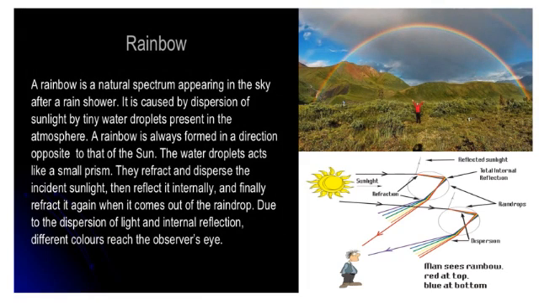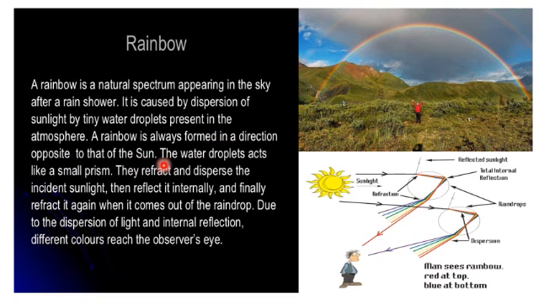Now students, we will discuss rainbow. A rainbow is a natural spectrum appearing in the sky after a rain shower. It is caused by dispersion of sunlight by tiny water droplets present in the atmosphere. A rainbow is always formed in a direction opposite to that of the sun.